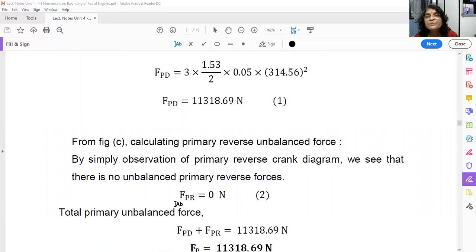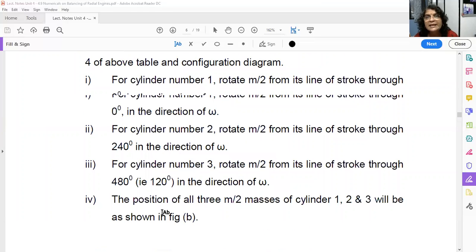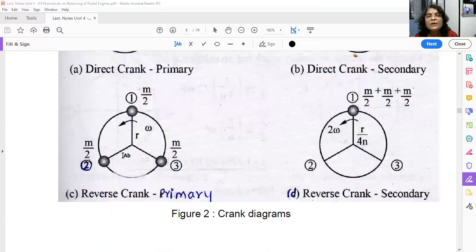Okay. For this purpose, you have to refer to this second diagram. See this one. Now see, from this diagram, what you observe is that the forces are balanced. See, this m by 2 will create centrifugal force in the upward direction. Then this is in this direction and this is in this direction.